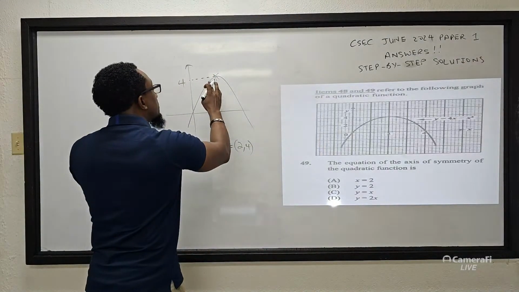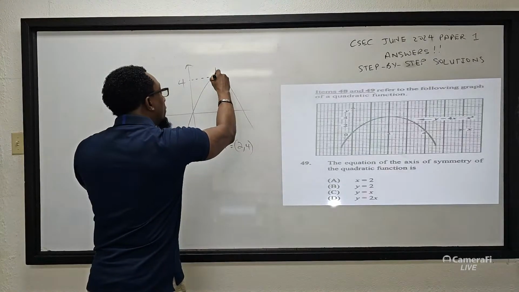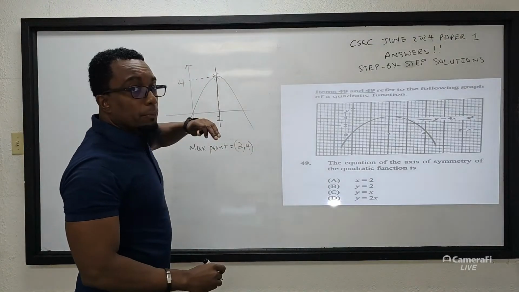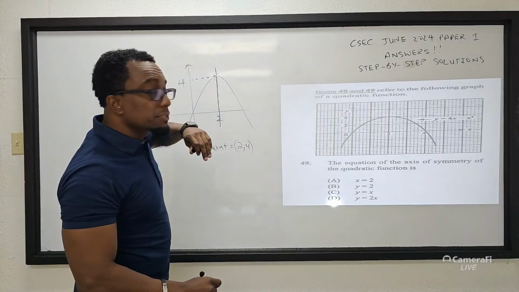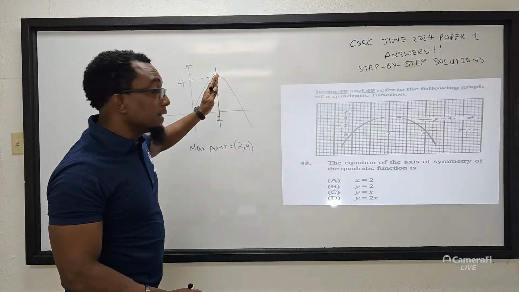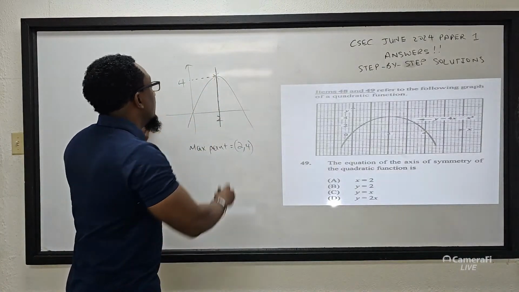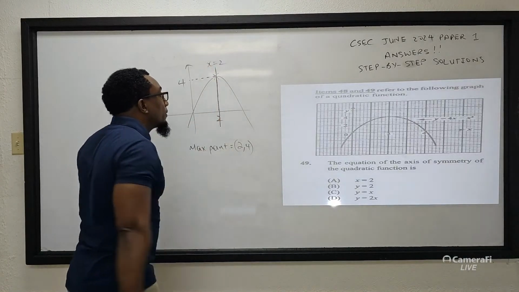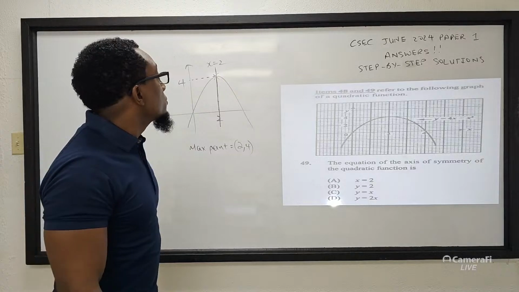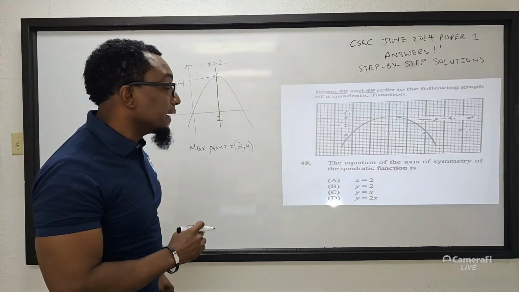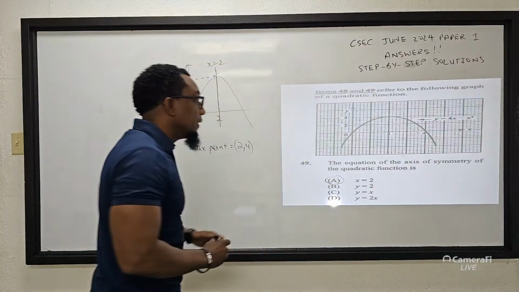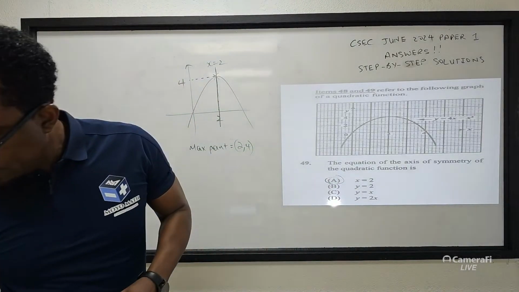This is our line here, which is known as the equation of axis of symmetry. The equation of this line is x equal to 2. It is a vertical line passing through 2 on the x-axis. So the equation of that line is denoted by x equal to 2. And hence the equation of axis of symmetry will be A. X equal to 2. So 49A.